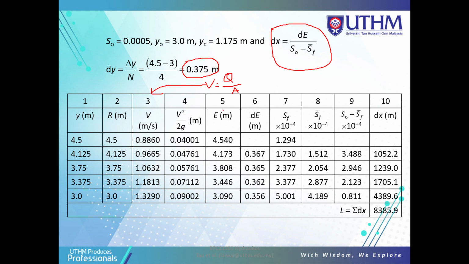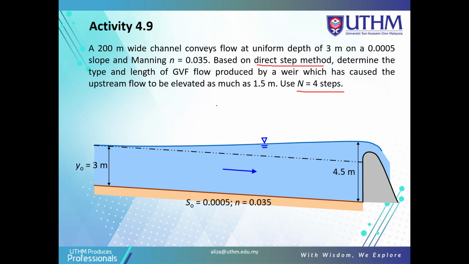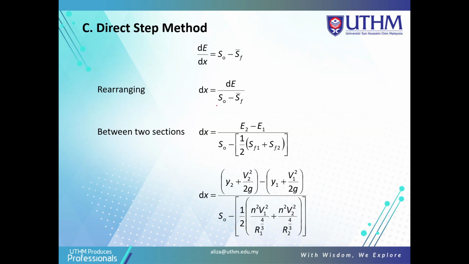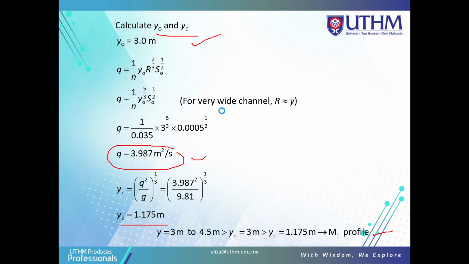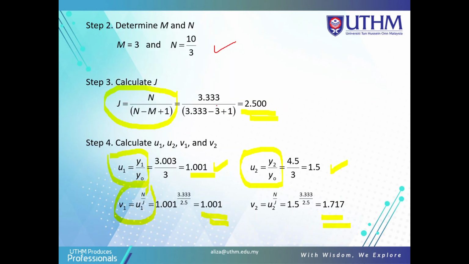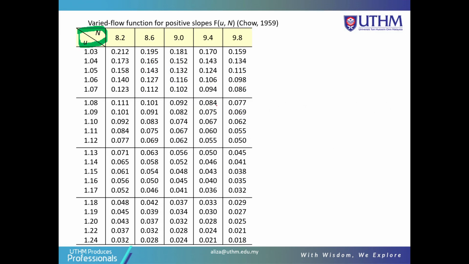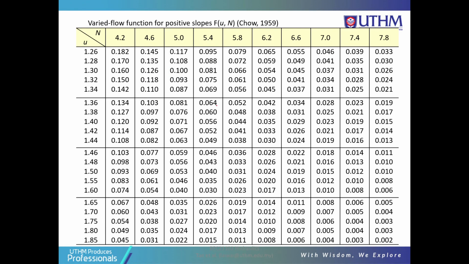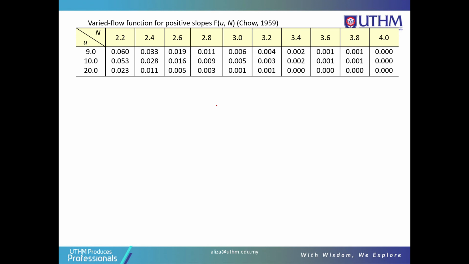Okay, and then you get the E. Okay, actually E is the energy that you use. So E you find from the first step, that you must know the E here.